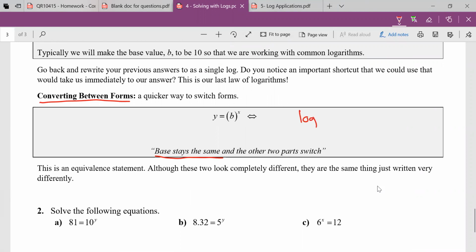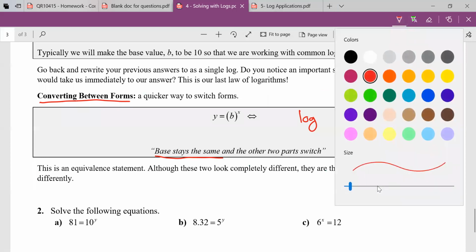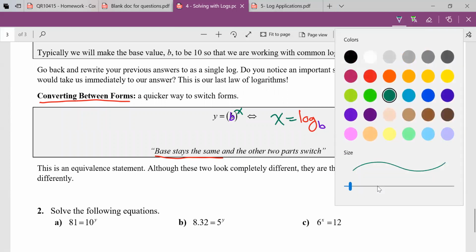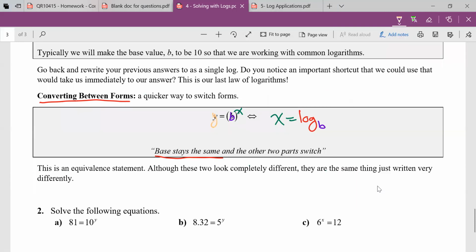Log base b, so the bases stay the same, and the other two parts switch. The x is going to go where the y was, and the y is going to go where the x was, just like that. So again, that's my little expression. Base stays the same. The other two parts switch because they're inverses. This is on your formula sheet.